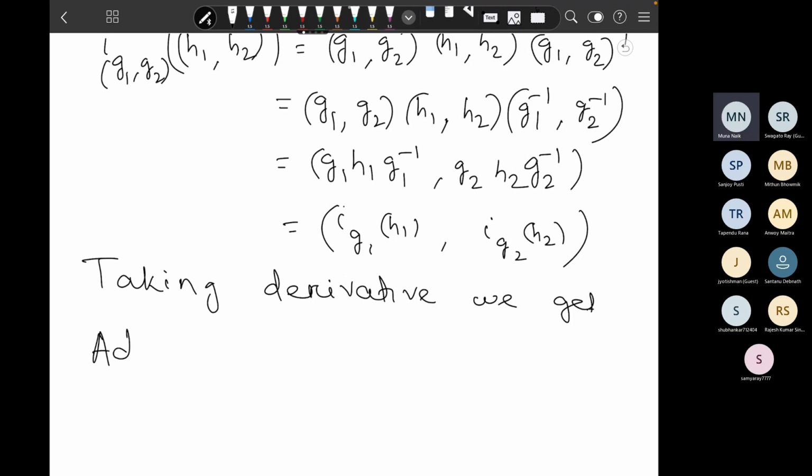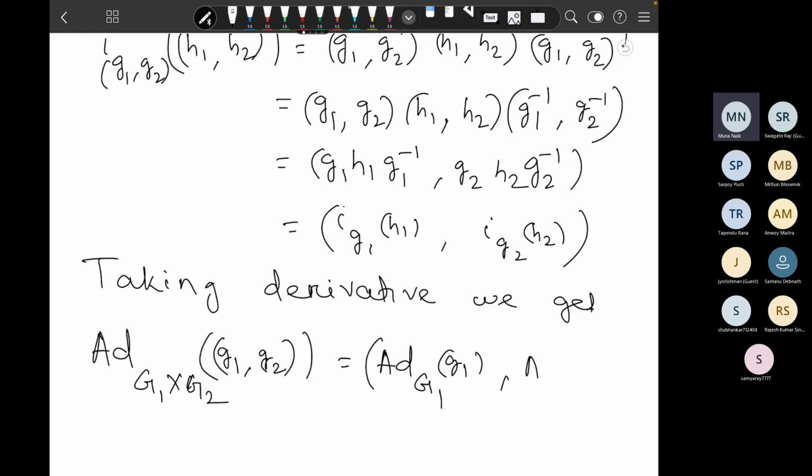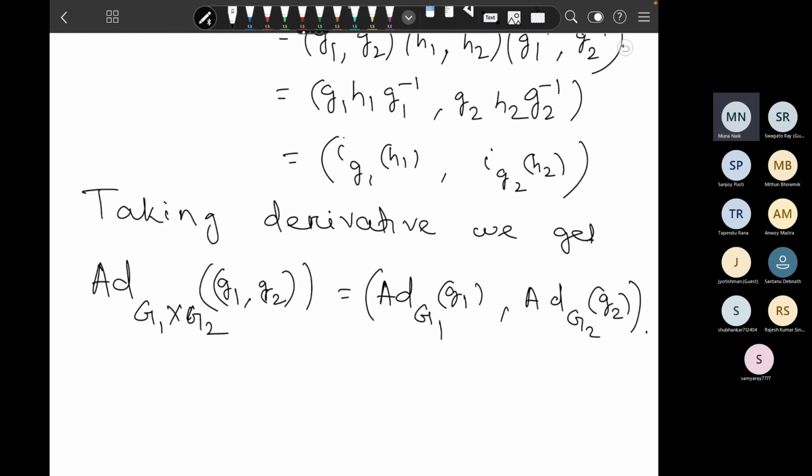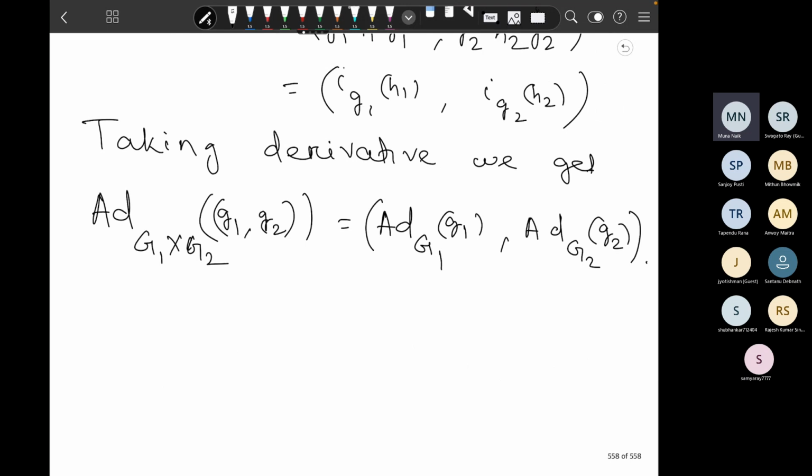So we will get R of (G1 cross G2), (G1, G2), and on the right hand side we will get R of G1, R of G2. Now you call this as star.